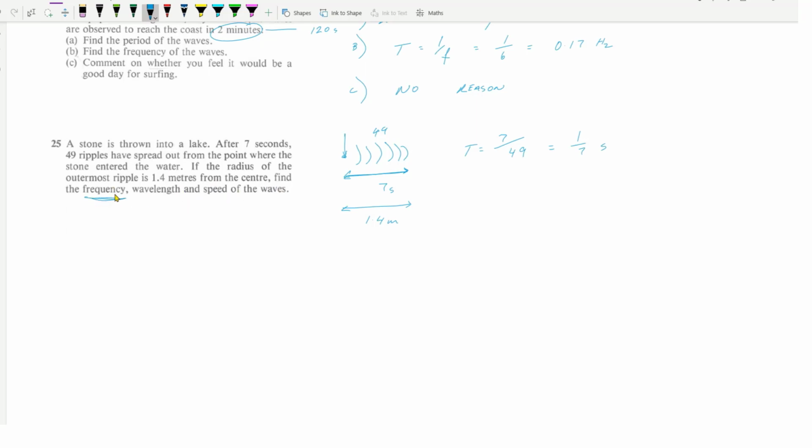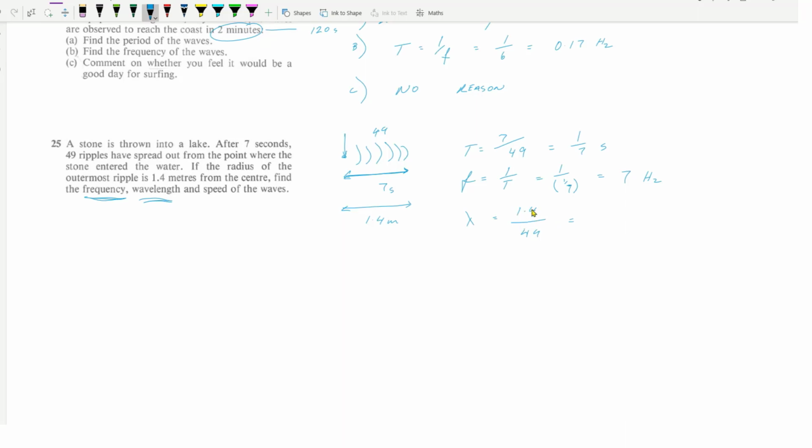Find the frequency. The frequency is equal to the inverse of the period. So the inverse of 1 over 7 is going to equal 7 hertz. So what is the wavelength? I've got 1.4 meters, and that is for 49 waves.